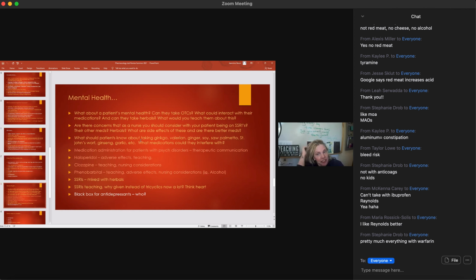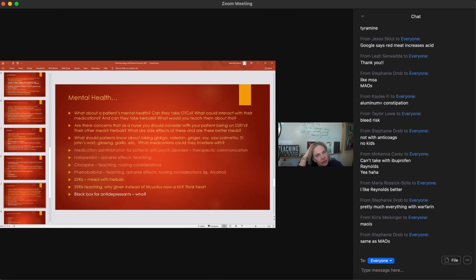Pretty much everything. That's why I said warfarin has a lot of lovely little things. It's one of those meds they like to give out, but then I don't know if they do enough teaching with it. So many things.